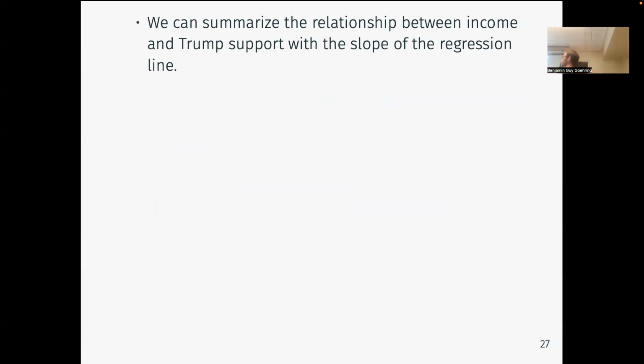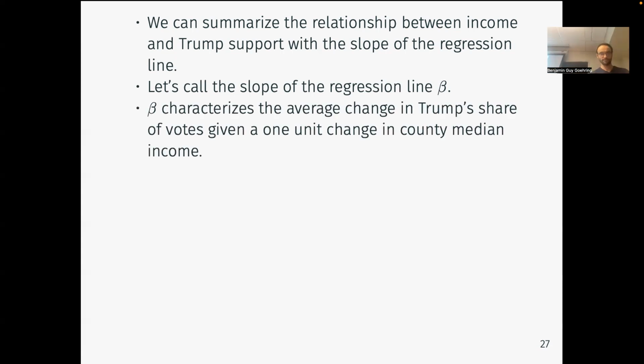Okay, so we can summarize the relationship that blue line is telling us by looking at the slope of that blue line. If you remember from high school, we're talking about rise over run here. This is straight up rise over run. Let's just call that slope beta.